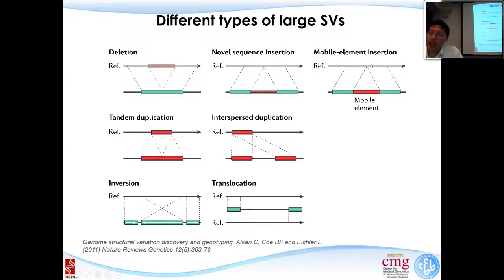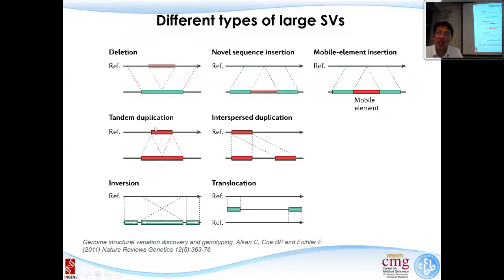The third mode is pretty similar to the second one. It's also a large insertion, but the difference is that this middle part will be mobile elements, those jumping around in the genome. The next type is called tandem duplication.